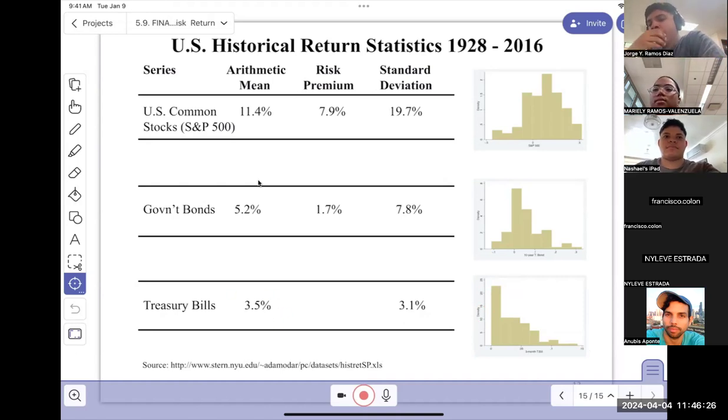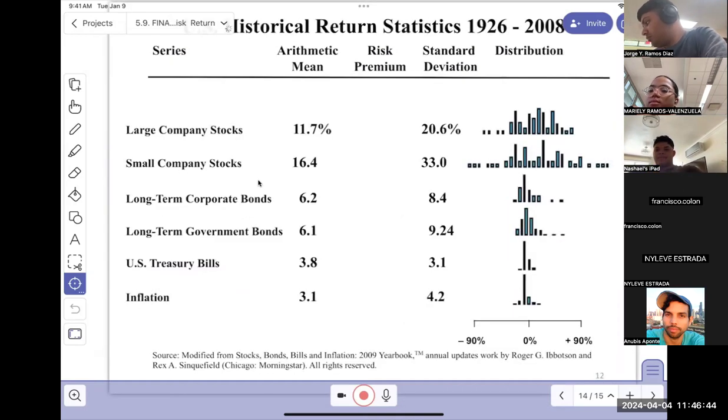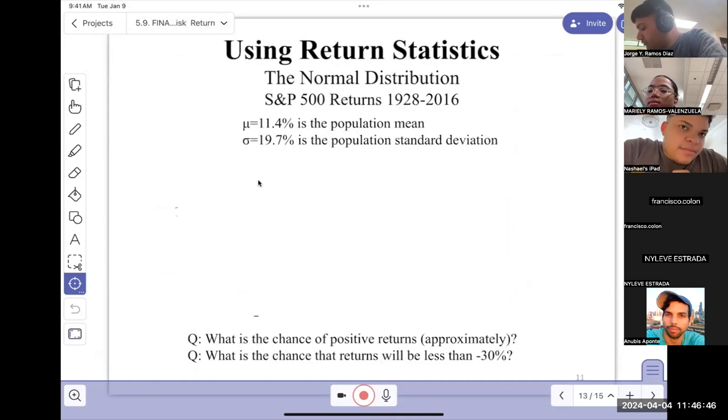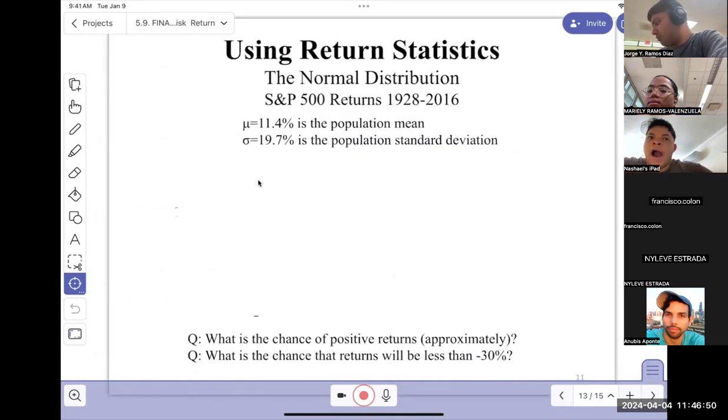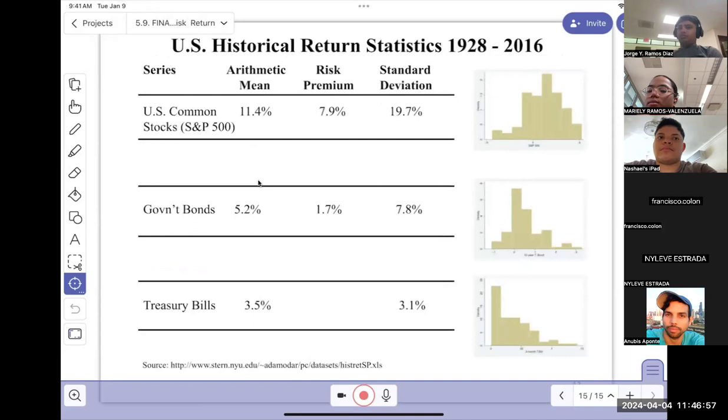So essentially, in this class, we are going to work with the assumption that in a diversified portfolio of stock as represented by the S&P 500, we are going to assume normal distribution, okay? So having said that, what I want you to do is take the data, the 11.4 and 19.7, I took it from here, okay?